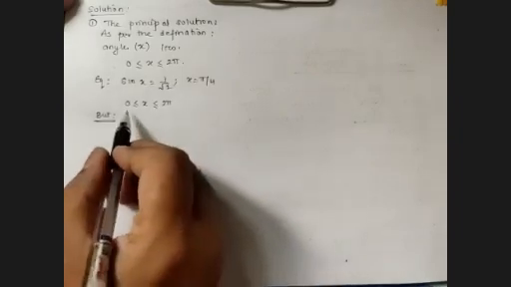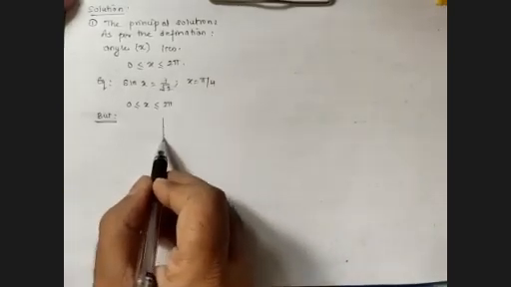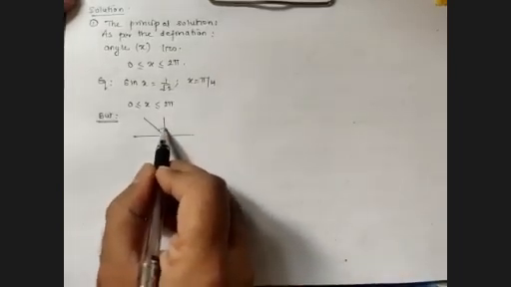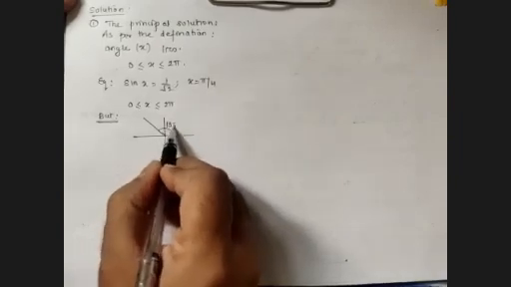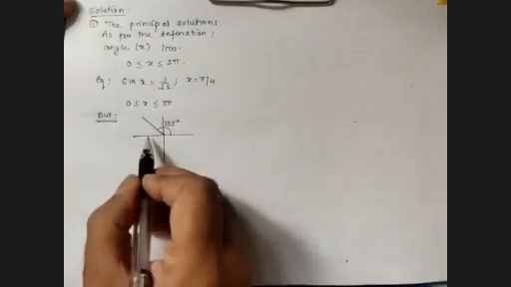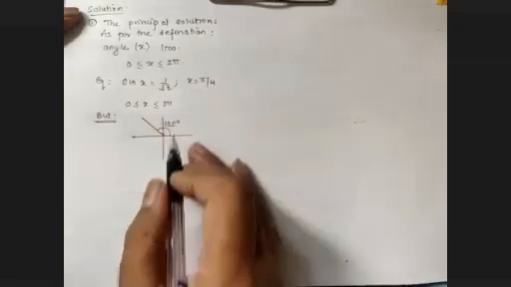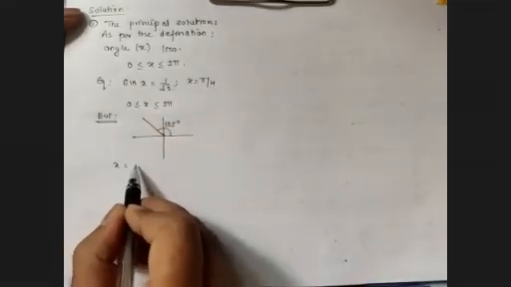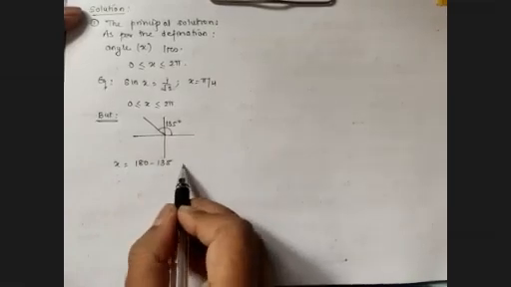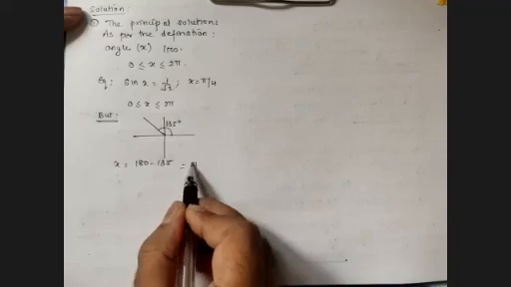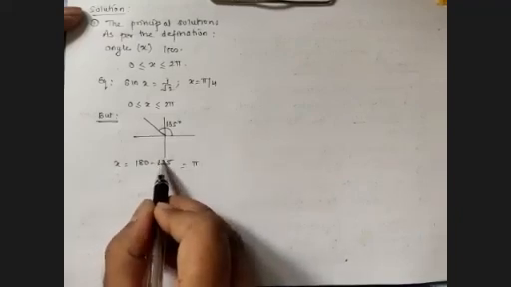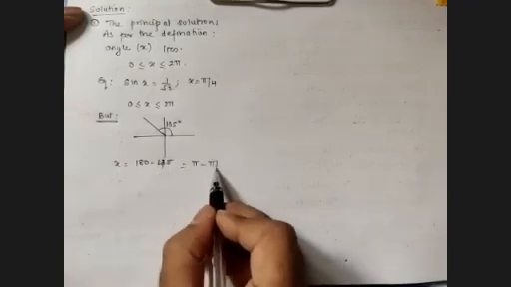That is 135 degrees, or you can say 180 minus 45, or pi minus pi by 4.